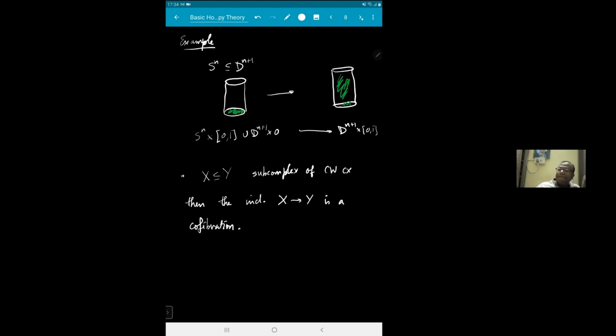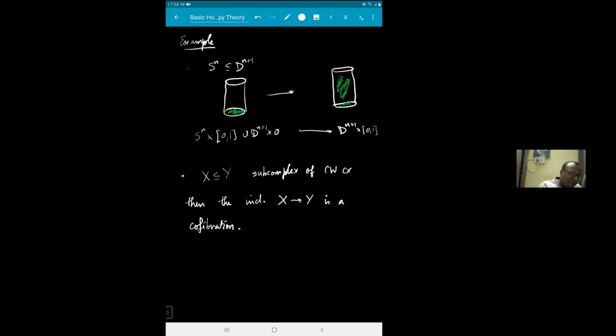Okay. That you can check. It's just doing this Sn to Dn+1 example in an iterated manner. Okay, so that's a cofibration.